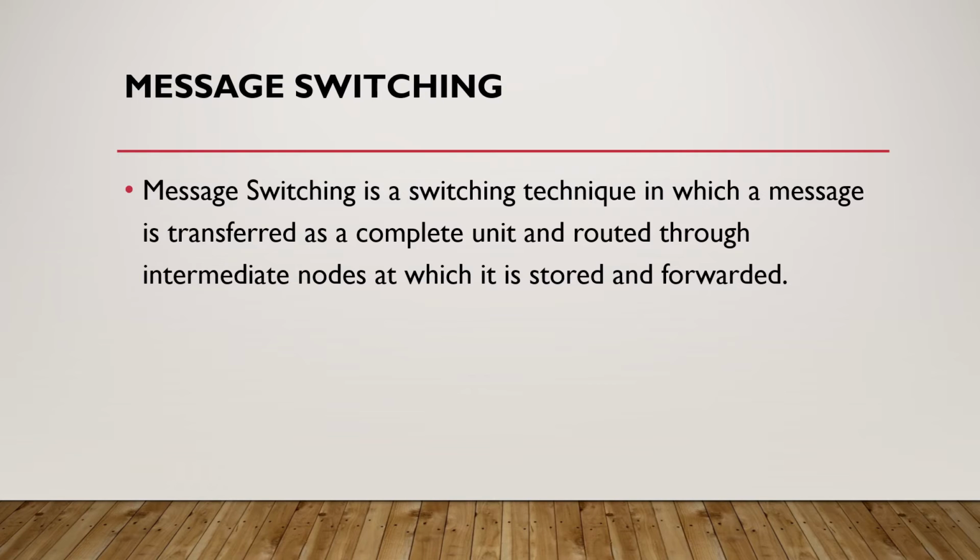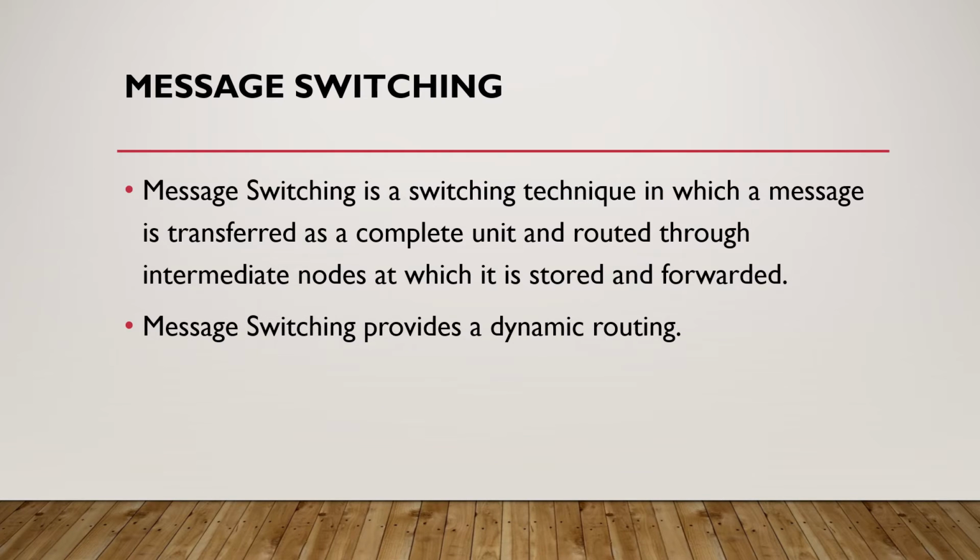So message switching is a switching technique in which the message is transferred as a complete unit and routed through intermediate nodes at which it is stored and forwarded. This intermediate node stores the message, checks for errors, selects the best available route and forwards the message to the next intermediate node. So lines become free again for other messages.